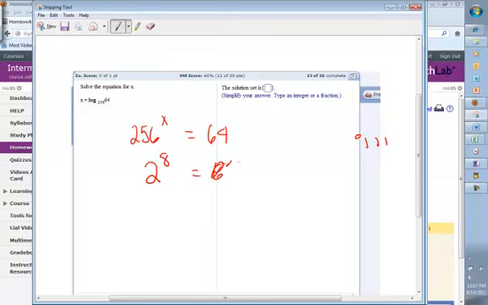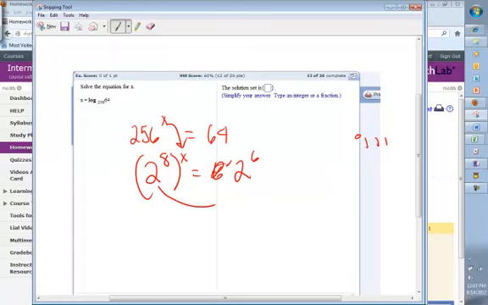64 is 2 to the 6th, which you can get by pressing 64 shift factoring key. So it's 2 to the 8th to the x equals 2 to the 6th.